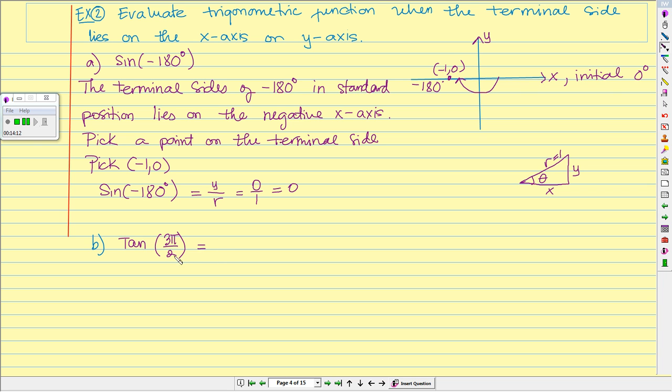Now, if you really like to work with degrees, you can go ahead and convert 3 pi over 2 radians into degrees. So let me just do it right here with you, right below here. Convert radians to degrees.